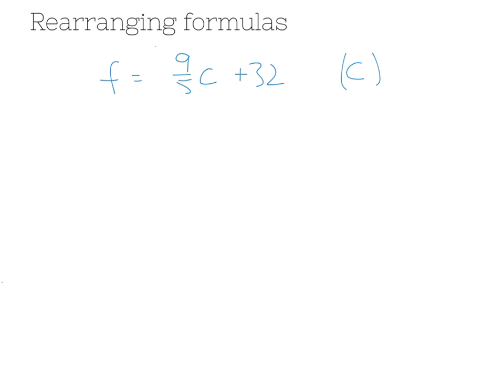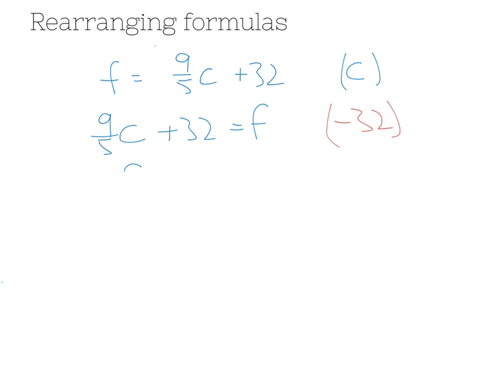F equals 9/5 of c plus 32. We need to rearrange this so it's in the form c equals, but c is on the right hand side. So let's swap each side of the equation. So then 9 on 5 times c plus 32 equals f. Get rid of the 32 from the left by subtracting it from both sides.